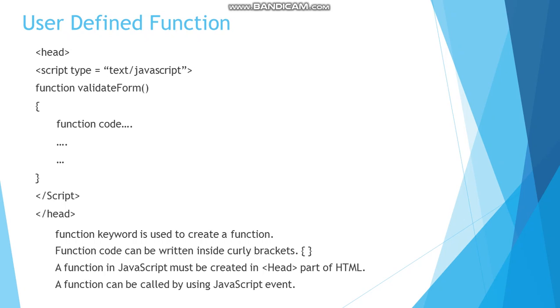A function can be called by using a JavaScript event. So suppose this is the form tag. Inside the form tag we can give onSubmit event. So onSubmit is equal to return validateForm. Here the statement return is given. It means this function, while executing, will return something.